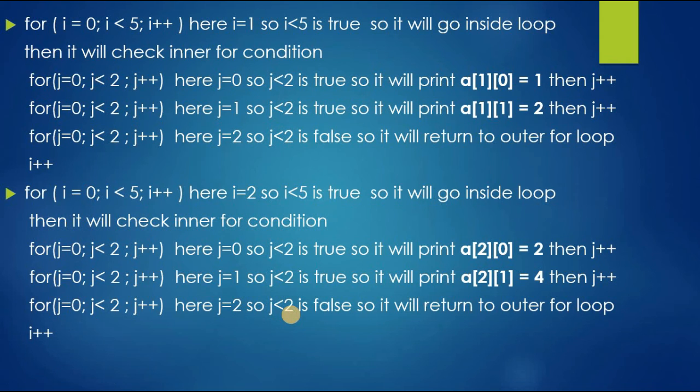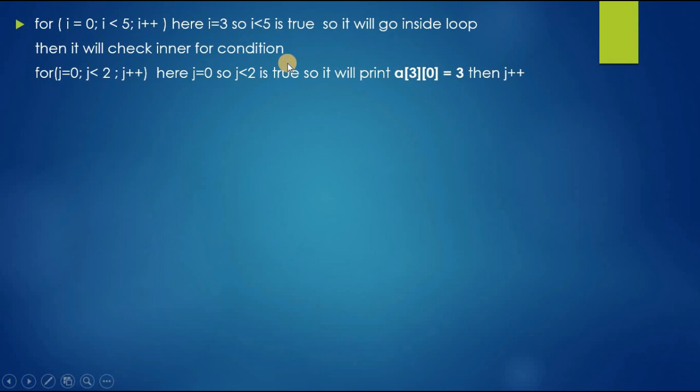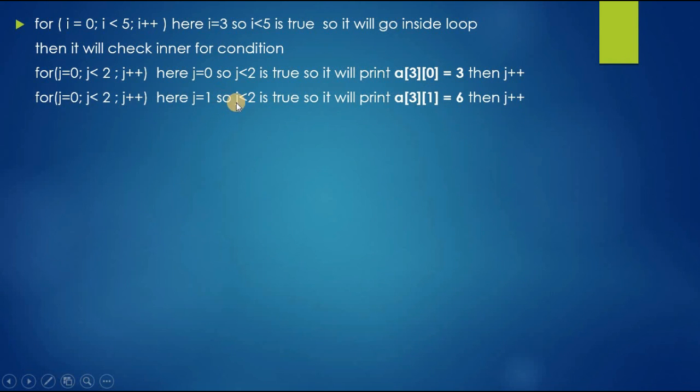Now we got i as 3 and i less than 5 is true, so it will go inside the inner loop and the inner loop condition will be checked there. The inner loop condition is true, so it will print a[i][j] equal to 3. Now again it will check the condition, j less than 2 is true, so it will print a[i][j] equal to 6.